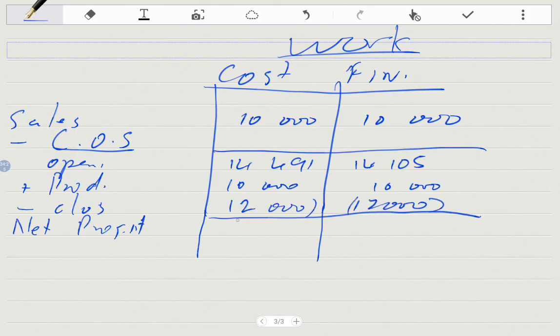Remember, this 12,000, I have not taken it anywhere. It's a figure that I just made up. You will simply do that as well. Plus 10,000, then minus 12,000. Ooh. Okay, I wanted us to have a profit. It has to be a profit, not a loss. Let's change this 12,000.